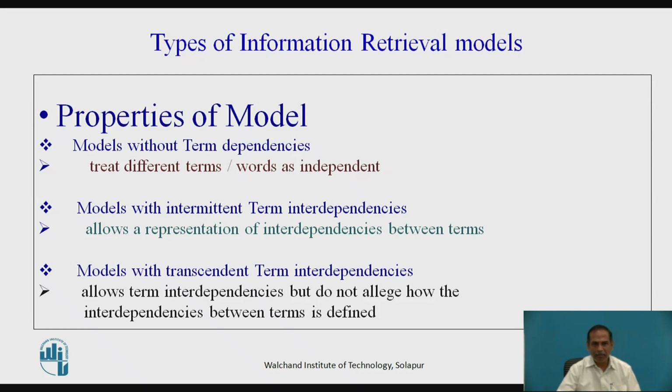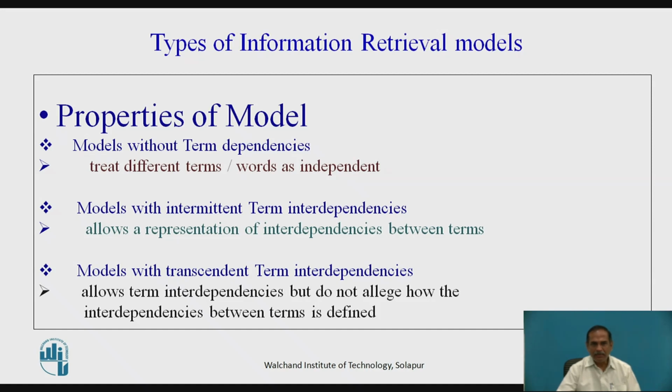The second sort of models are based on the properties of the model, whether the model is without term dependencies, where we treat different terms or words as independent. Then we go for models with intermittent term interdependencies, which allows a representation of interdependencies between them.